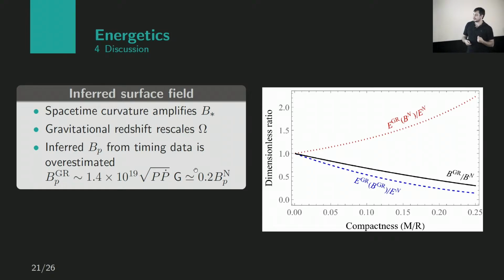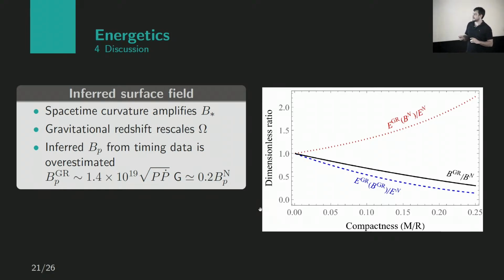If you do not include some relativistic corrections, not the ones that we have included in our equations, when you infer the value of the field, you end up with a value which is 5 times higher. The actual correct relativistic expression for the field that you infer is lower than the one people usually report for neutron stars. And ask me again if this wasn't very clear.